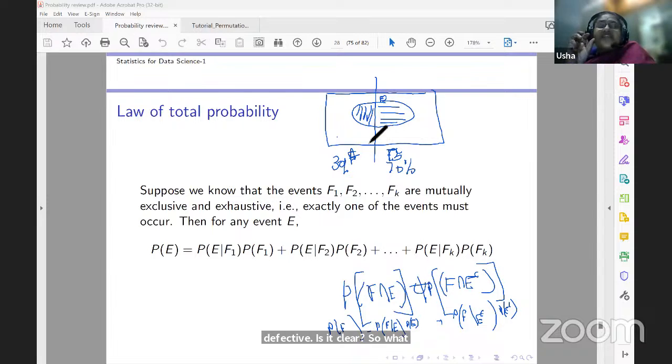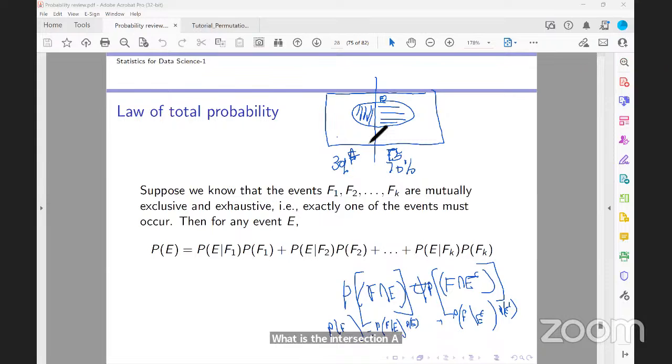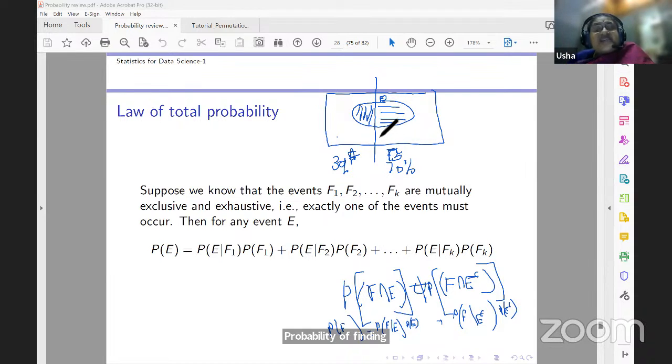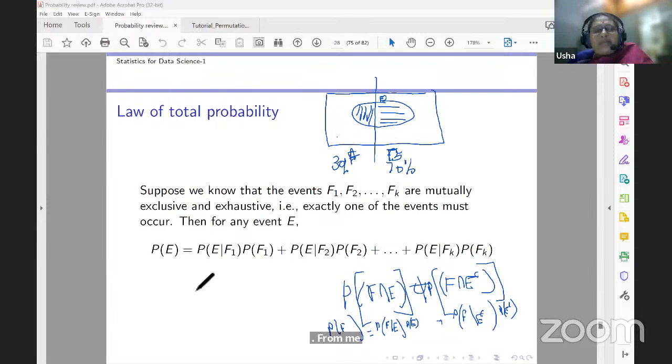What is D intersection A? Articulate it. D is the event of an element being defective and A is the event of the element coming from A. So D intersection A is a defective element coming from A. What is D intersection B? A defective element coming from company B. So what is the chance of an element being defective?